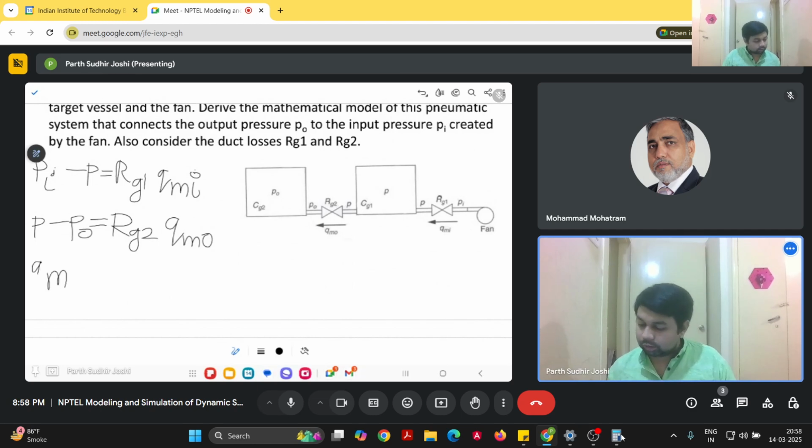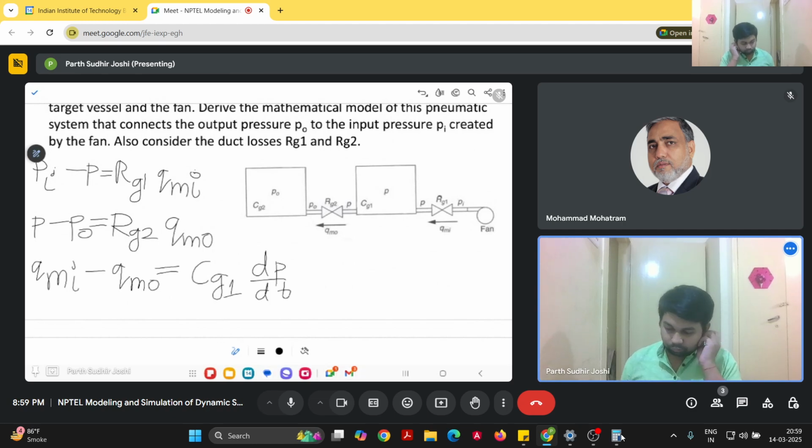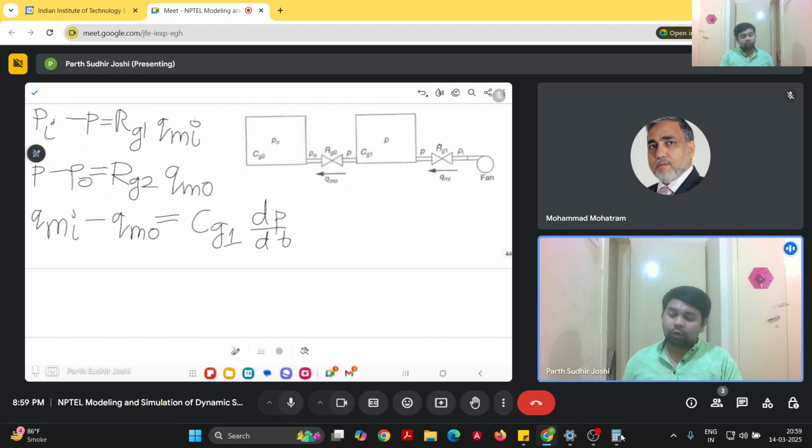So here it is QMI minus QMO is CG1 into dP by dt, the rate of change of pressure P in container CG1.